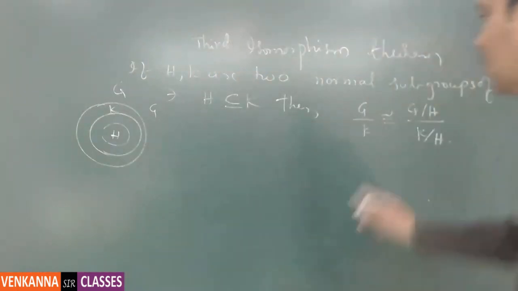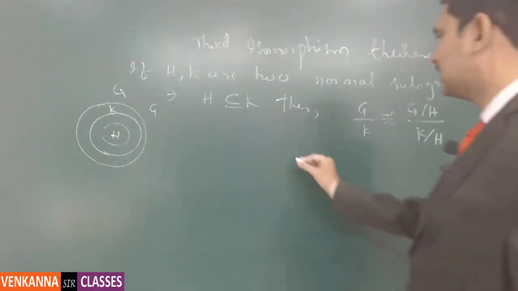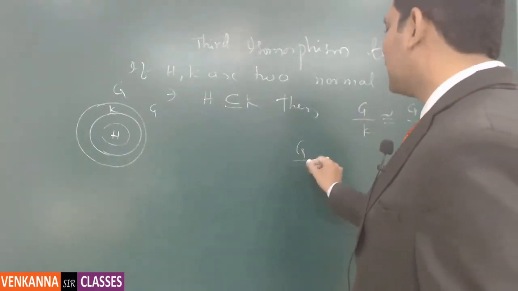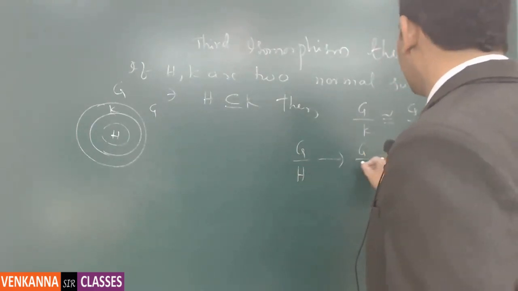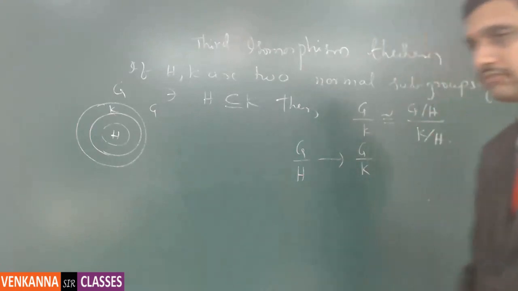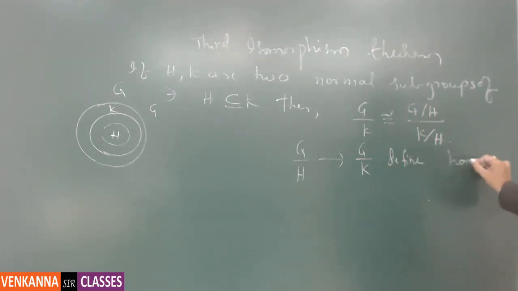So again, to prove that these are isomorphic, my intention is to write a function from G by H to G by K. I have to define a function such that I am proving this function is a homomorphism and onto.